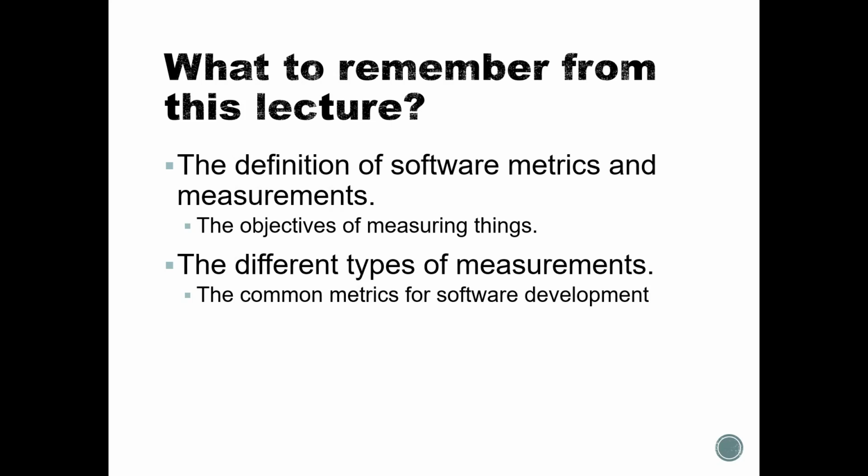So, what to remember from this lecture? First of all, the definition of software metrics and measurements, and of course why we want to measure these things. Also the different types of measurements, and especially the function point analysis and the cyclomatic complexity, because they are really software maintenance centric.